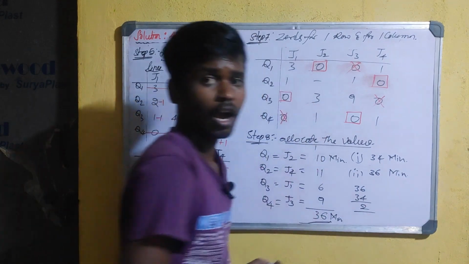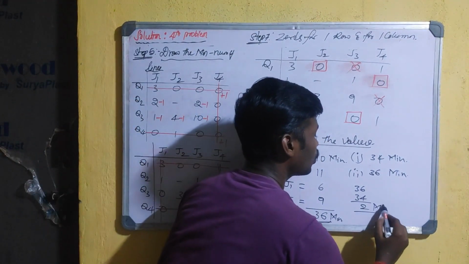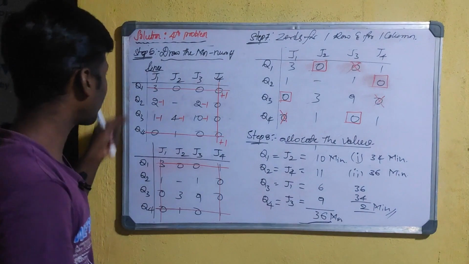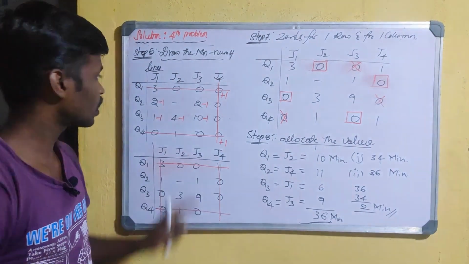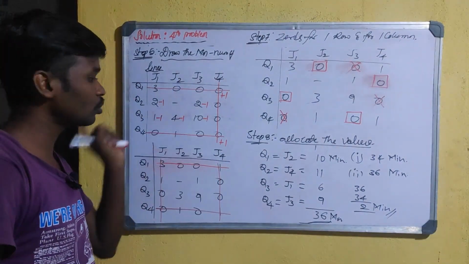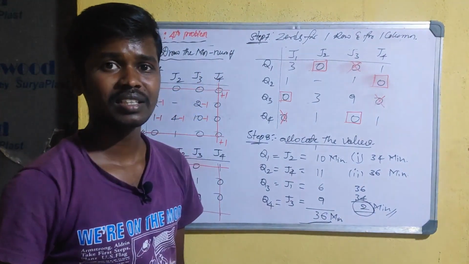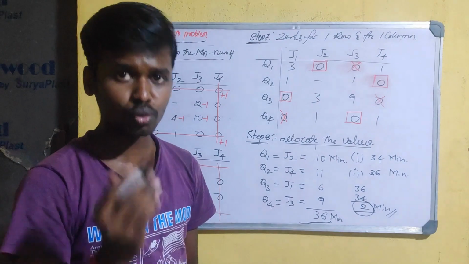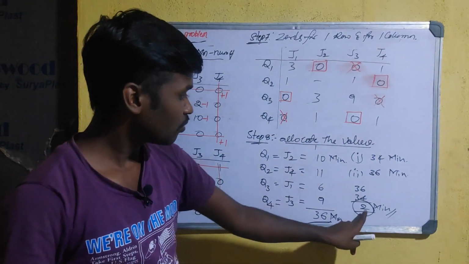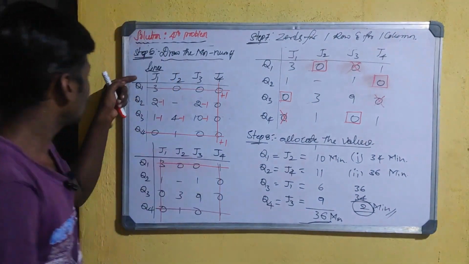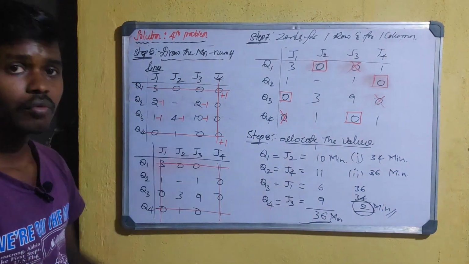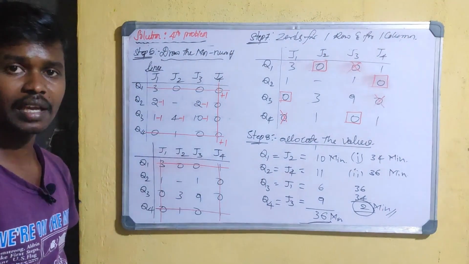So additionally, finally we require 2 extra minutes to allocate 4 operators to 4 jobs according to second question.